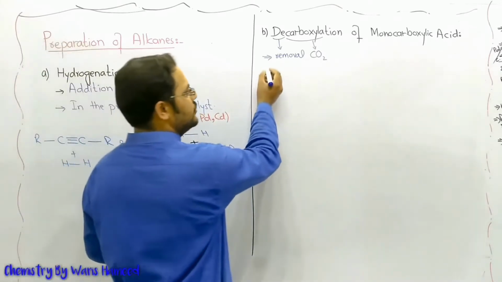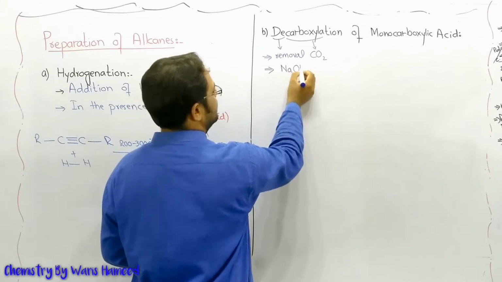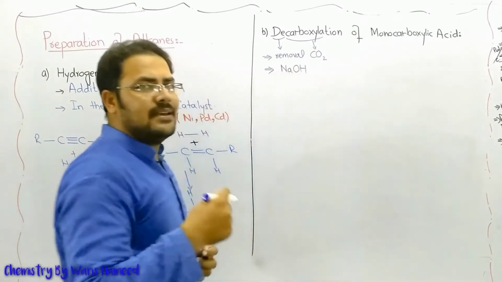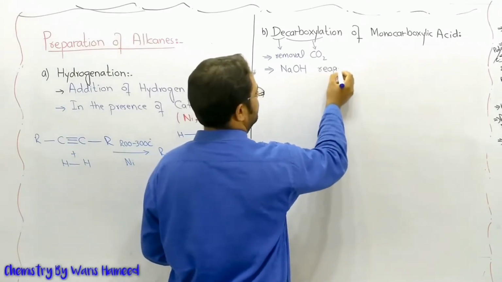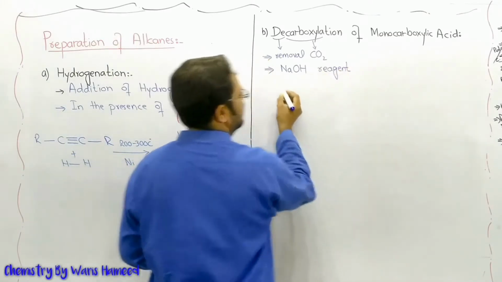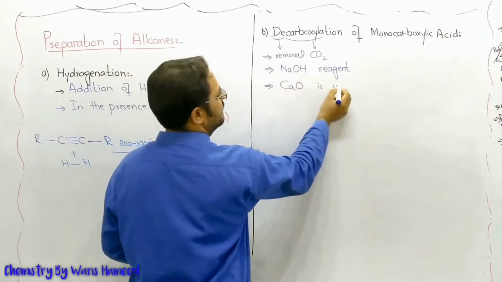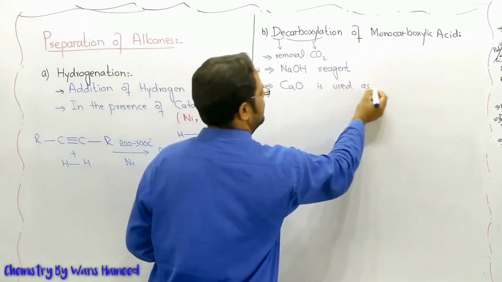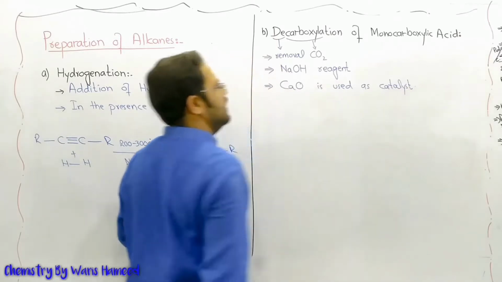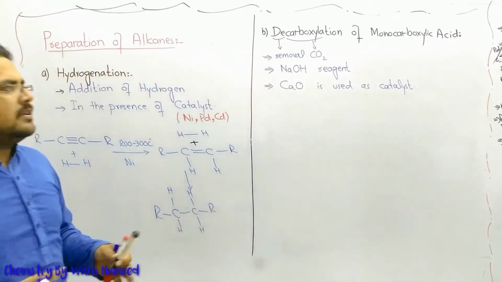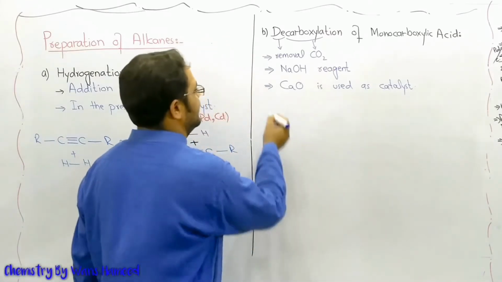In this we use sodium hydroxide, NaOH, as a reactant or reagent. Calcium oxide, CaO, is used as a catalyst, and when we add these three things we just have to heat the mixture and it will form an alkane.